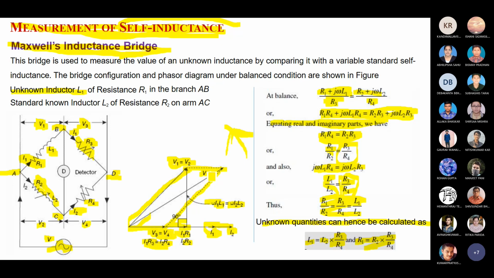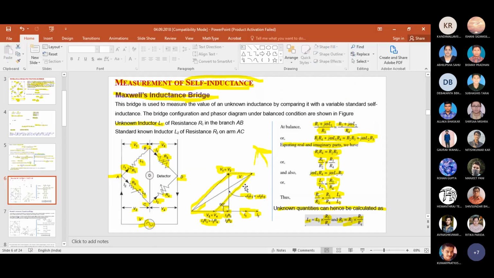I hope you are able to understand the phasor diagram. Is there any doubt in this phasor diagram? Please ask me. Bishoy?